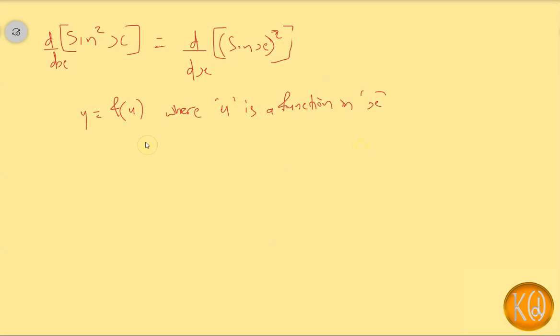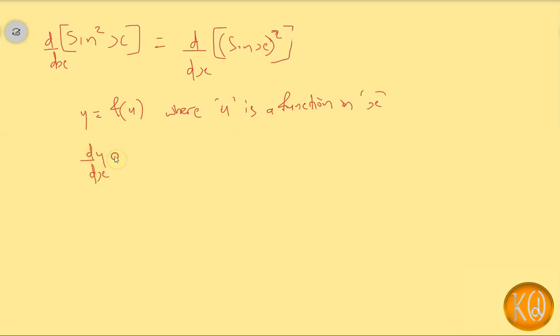But just to have a general understanding, we're using u here to represent some function and x to represent the variable. Right, so this is basically a function within a function. So we have a function u, and that is within this function. Okay, and how do you differentiate that?